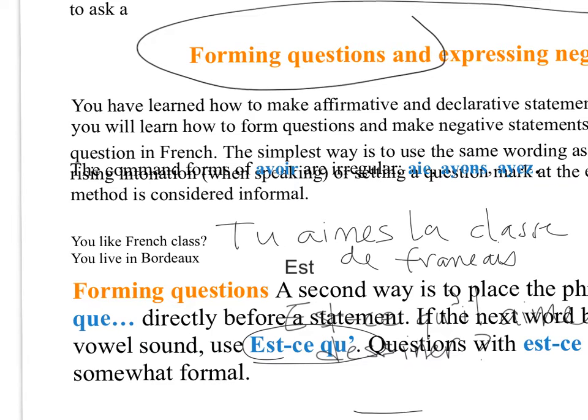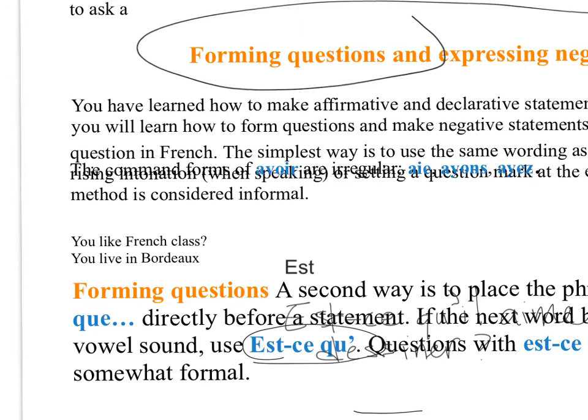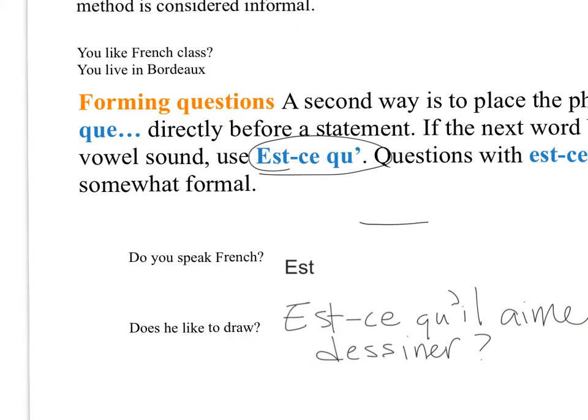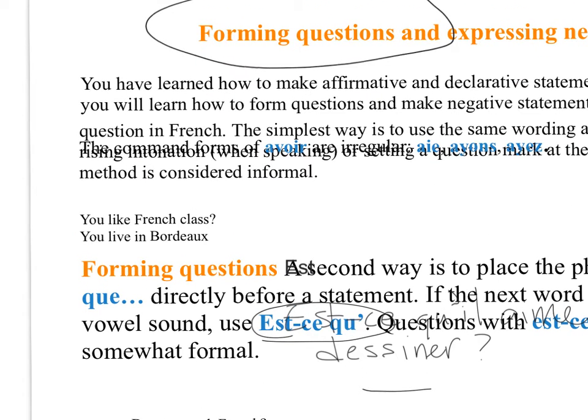Okay, let's make it more formal here. I'm going to erase. Sorry, I'm trying to erase this and I can't find the eraser. Let me just do it like that. So, you live in Bordeaux.